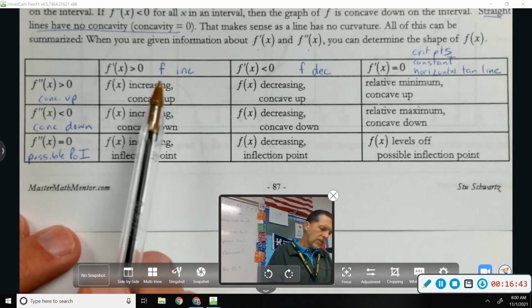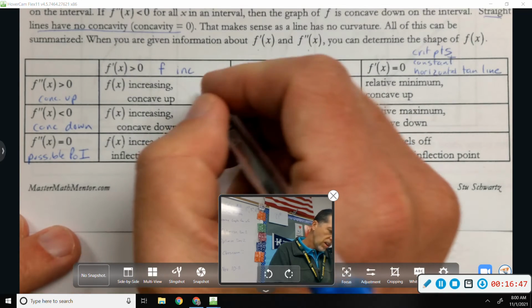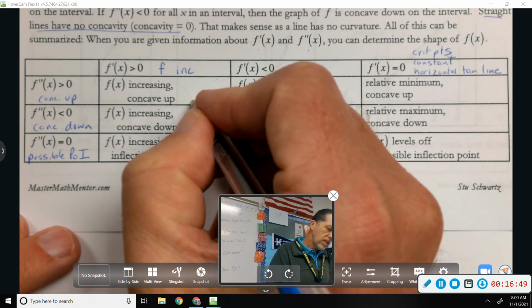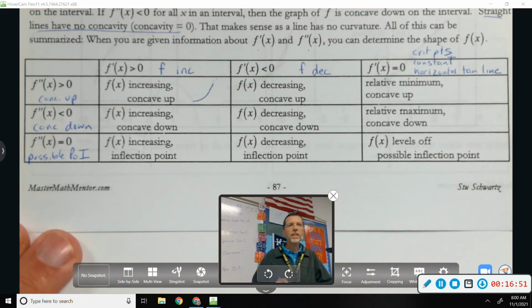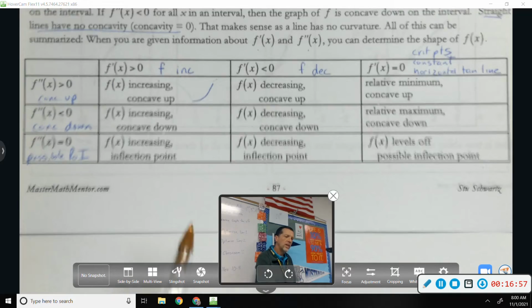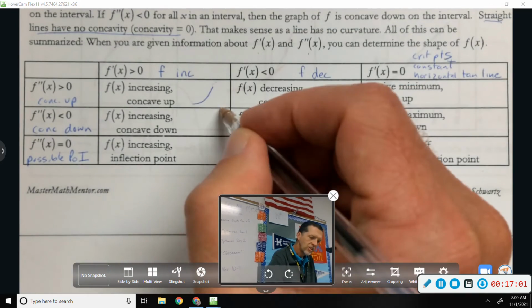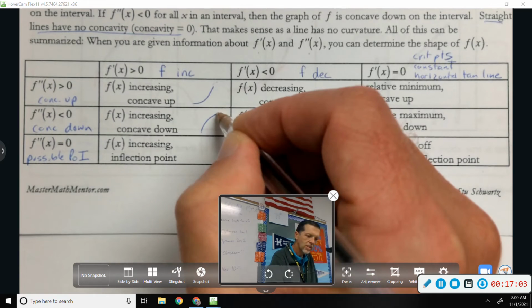So f increasing, concave up. Something like that. We've drawn these little pictures before. Increasing, concave down.